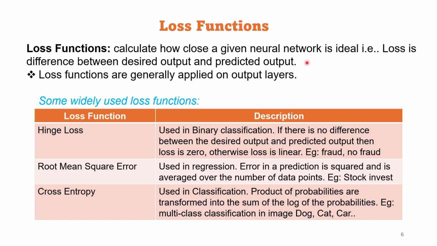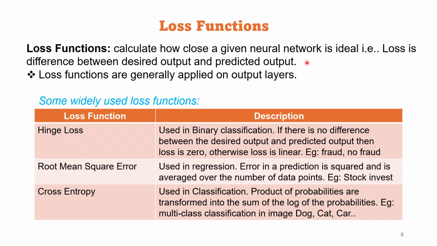Now let us see where loss functions are used. Loss functions are used on the output layer to find the difference between the predicted output versus actual output. Loss functions are also used during the feature engineering process. Remember the feature engineering concept from part 1 of the video?